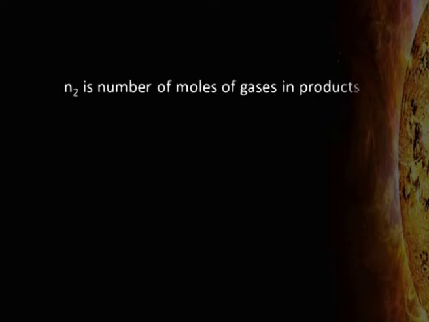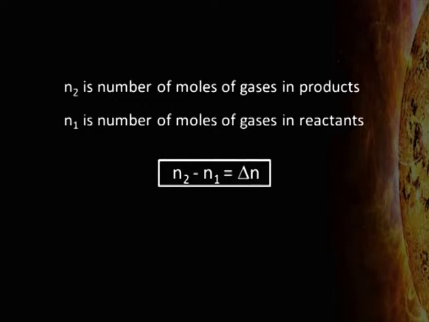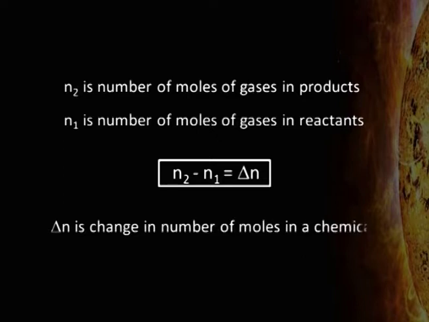If gases are involved in the chemical reaction, then only the volume change of gases is considered, because the volume change in liquids or solids is considered negligible as compared to the volume change of gases. Therefore, if N2 is the number of moles of gases in products and N1 is the number of moles of gases in reactants, N2 minus N1 will be equal to delta N, that is change in number of moles in a chemical reaction.